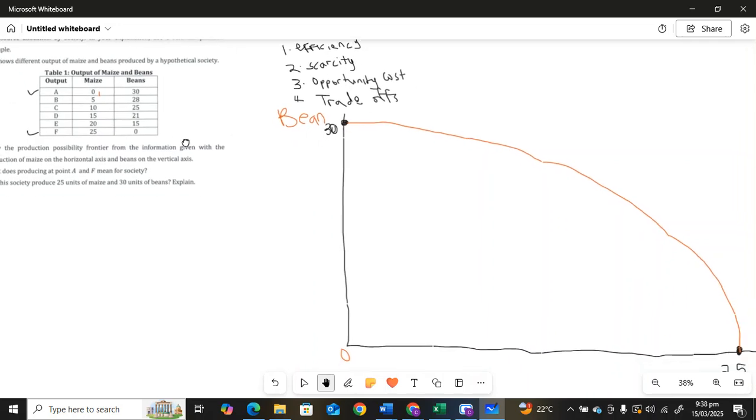Any questions before I start plotting point B, C, D, E until F? I would advise using graph paper. If you don't have graph paper, then you do it like this.